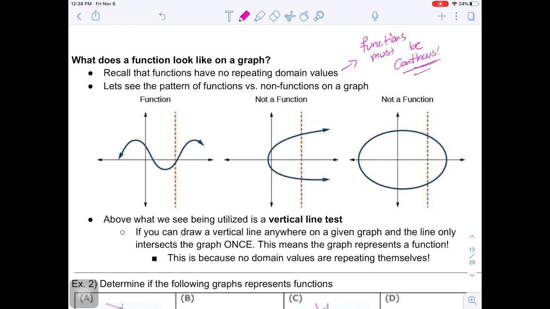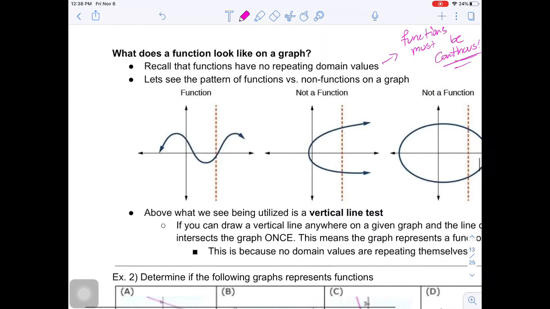Your functions have to be continuous. Okay, so that just means that the lines have to connect, or your points are able to connect. Let's see the pattern between a function and a non-function. So something you notice, they're all continuous because they're all just continuous lines. They're not individual plotted points. But this thing is a function, this is not a function, and this is not a function.